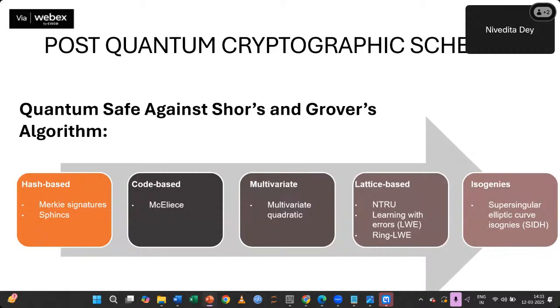What would be beneficial for us is a hybrid of all 3: classical, PQC, and quantum cryptography, or maybe PQC plus quantum cryptography. So somewhere around this kind of concept might emerge. But none of them are really under threat because of Shor's and Grover's algorithm. Okay.